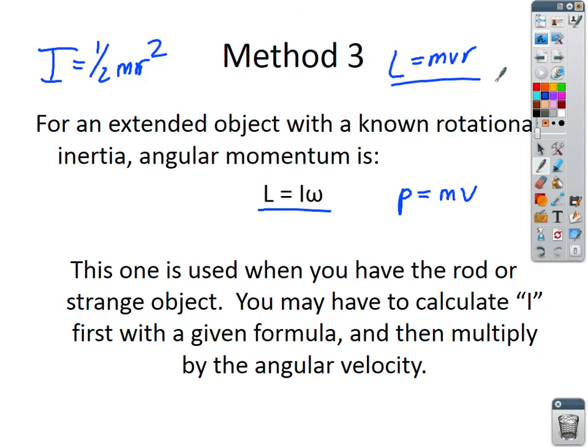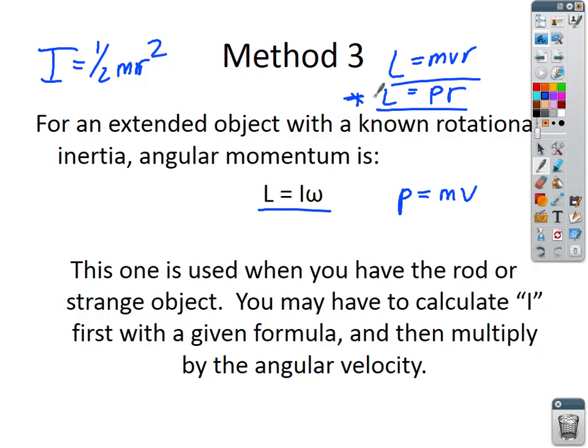One, what did I say about mv? mv is linear momentum. So angular momentum will equal the linear momentum times the radius that the object is at that particular moment. So this is another formula for angular momentum: angular momentum equals linear momentum times r. That is one way to look at this.